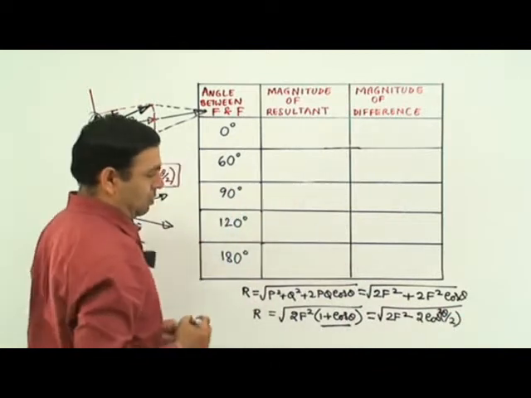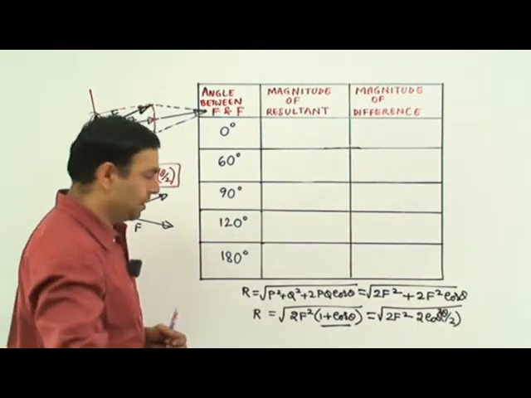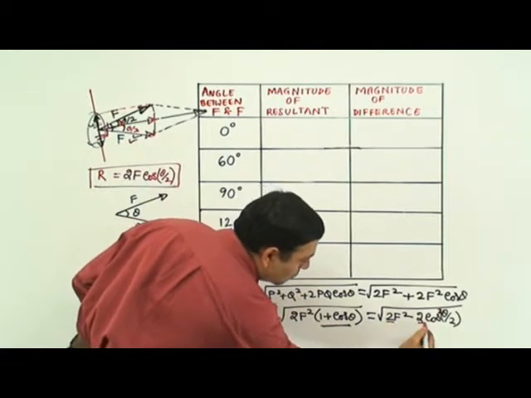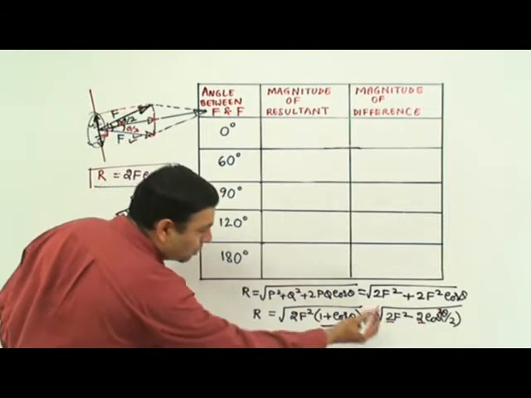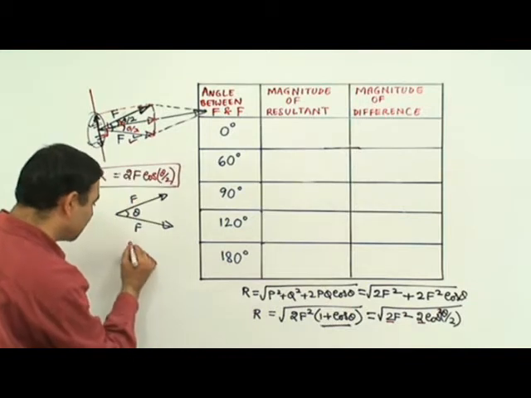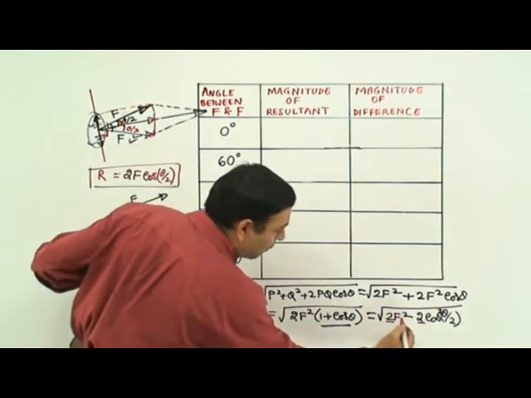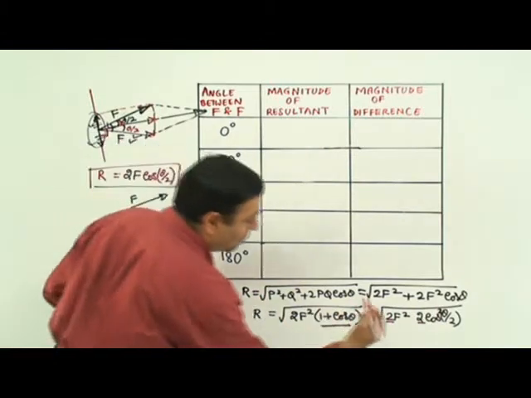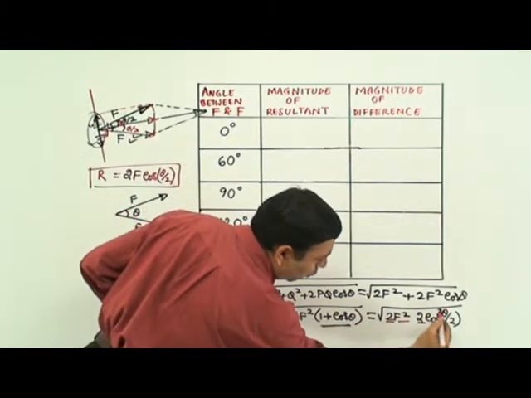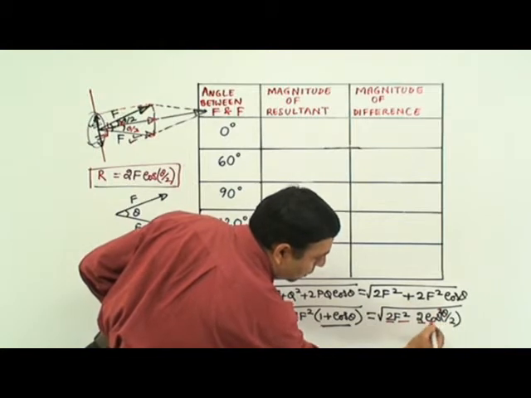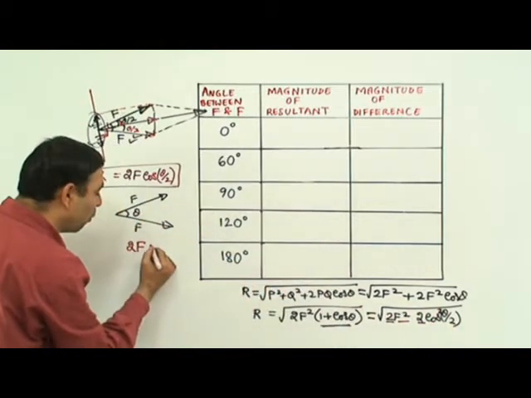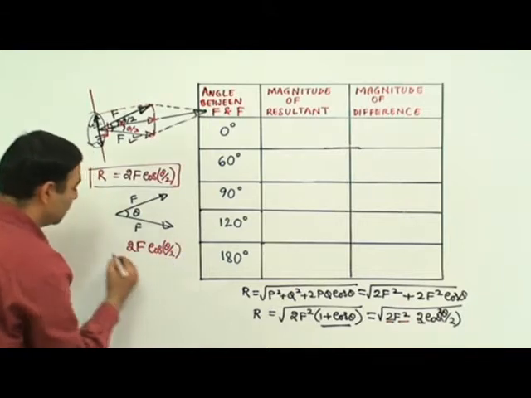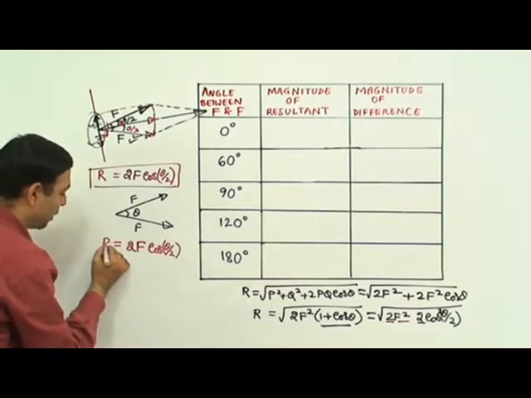Now what we can do here is, out of these two 2's, 2 into 2, outside the root I can take 2. Similarly, F squared outside the root becomes F. Then we have this cos squared theta by 2, which is cos theta by 2 into cos theta by 2. So one cos theta by 2 comes outside the root, and this is nothing but the magnitude of resultant.